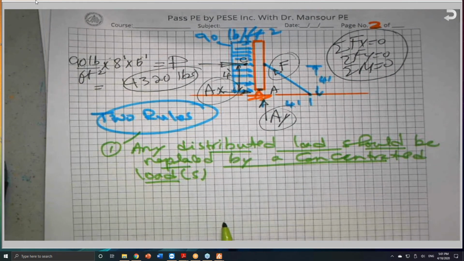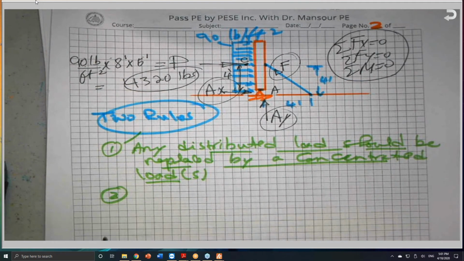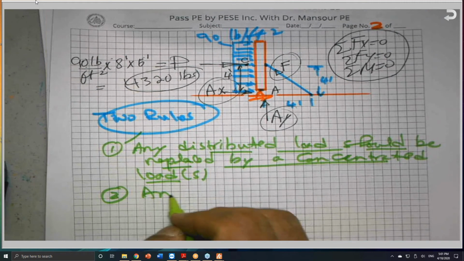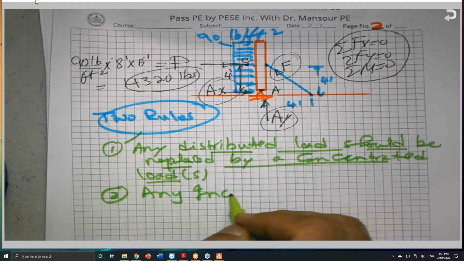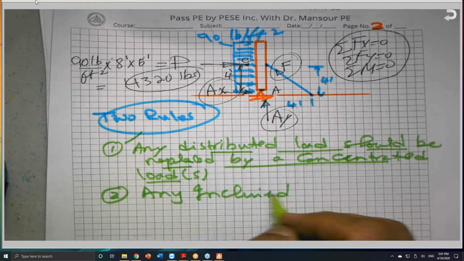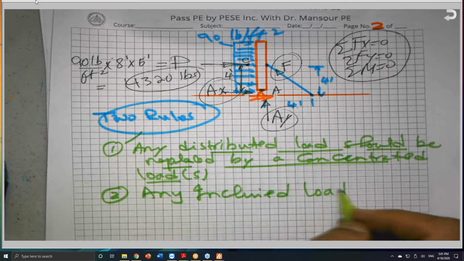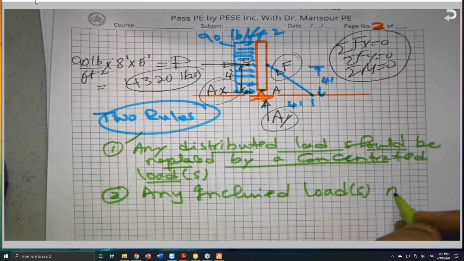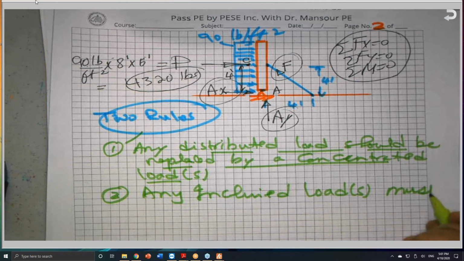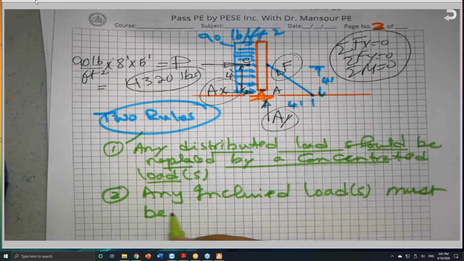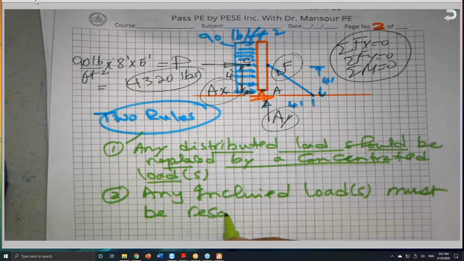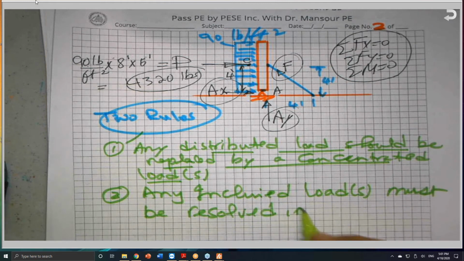This is rule number one. Rule number two, any inclined load or loads, if I have more than one, must be resolved into components.